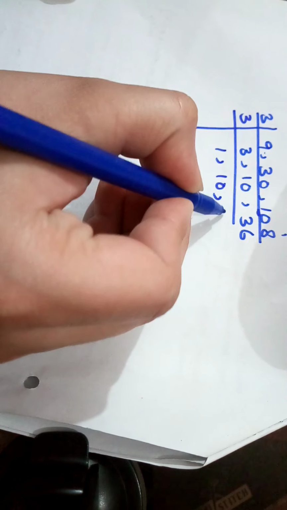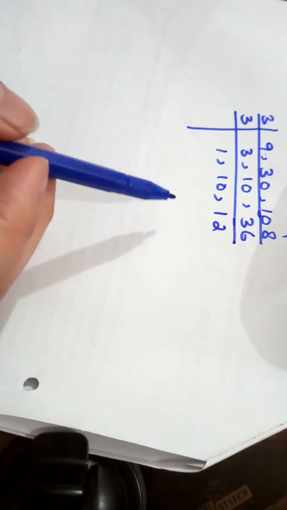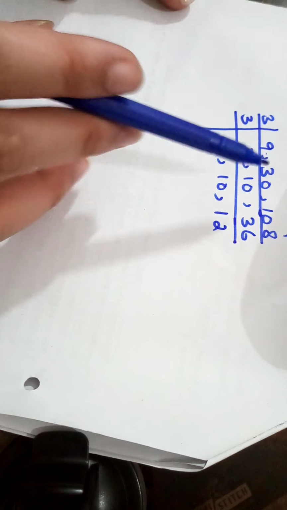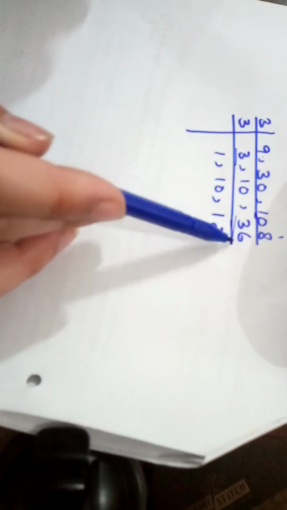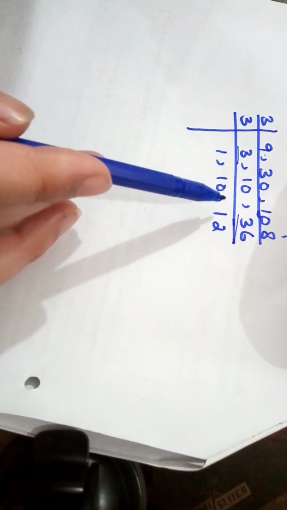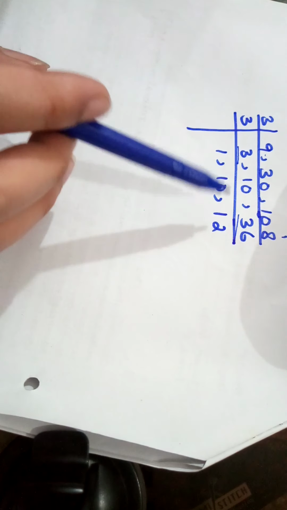Now 3 1s are 3, 3 2s are 6. Notice one thing in this step, that if 10 is not divisible, then it's okay. When there are two terms that are divisible in the LCM, we will divide. In HCF we just stop the question here, but in LCM we will solve this question again.